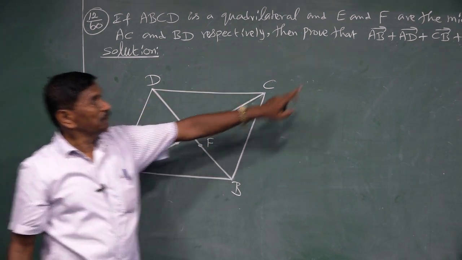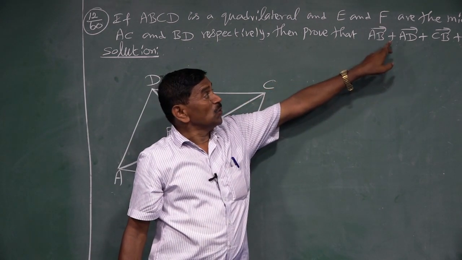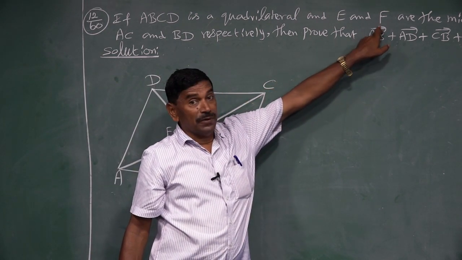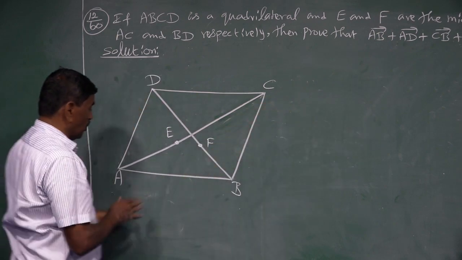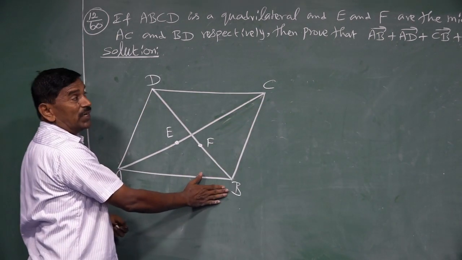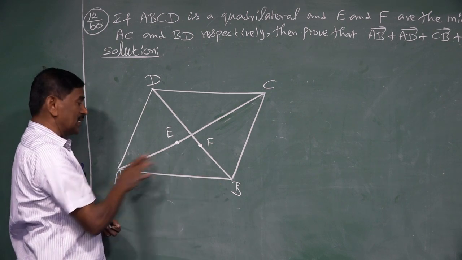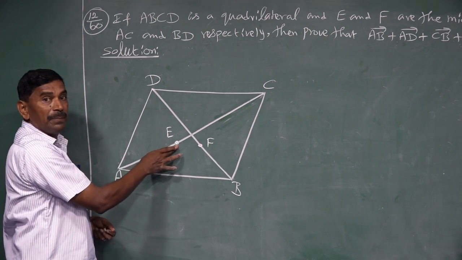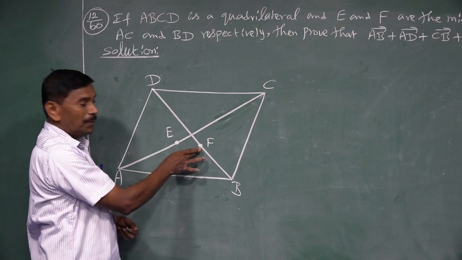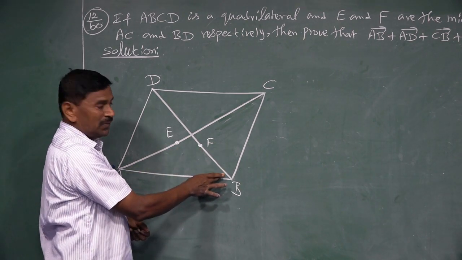Next, come to the question. First, AB vector. So, where is AB vector from the diagram? Yes, listen, AB vector is equal to, going straight, AE vector plus EF vector plus FB vector.